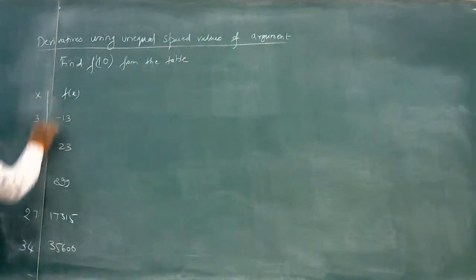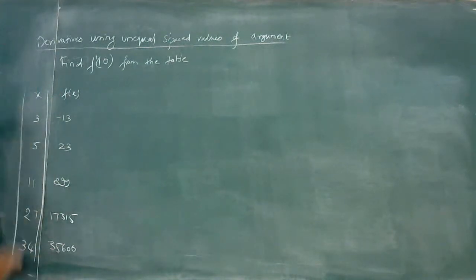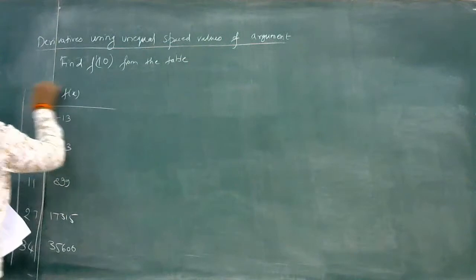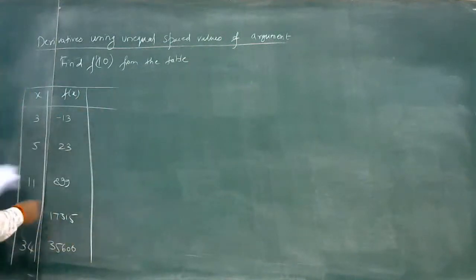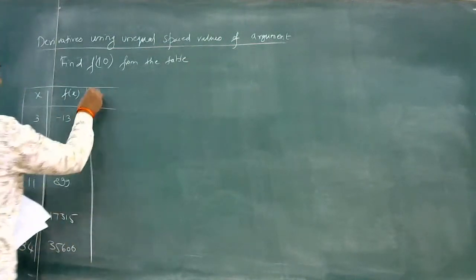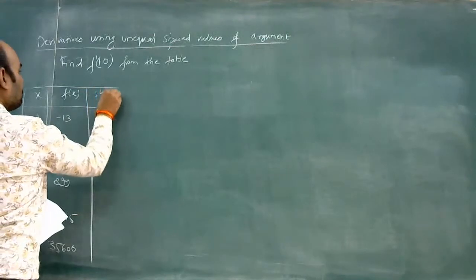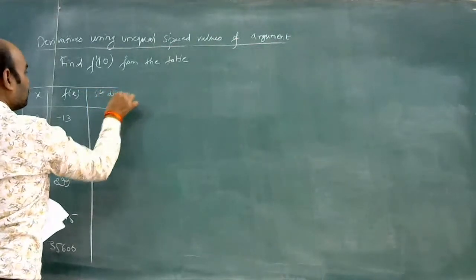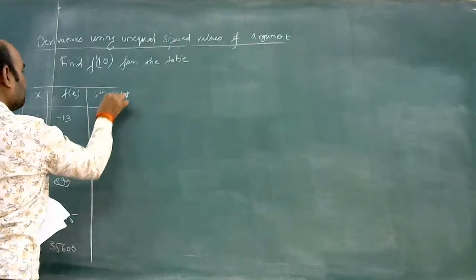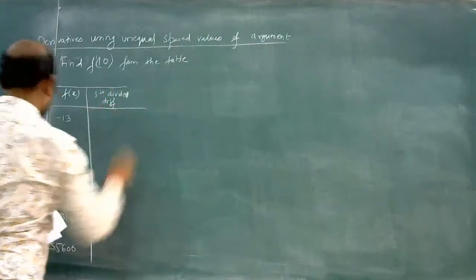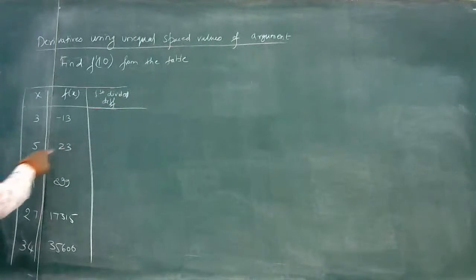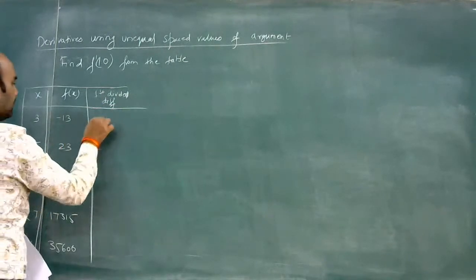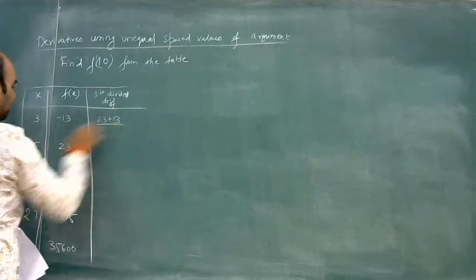So again, we have to prepare these difference tables. Okay. So first divided difference. So this is 23 plus 13.